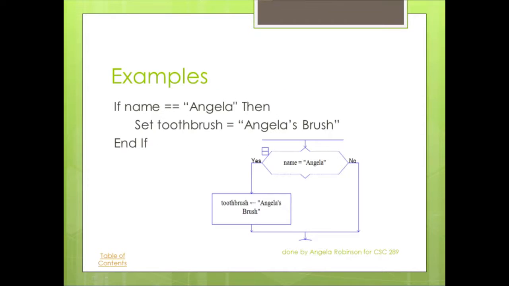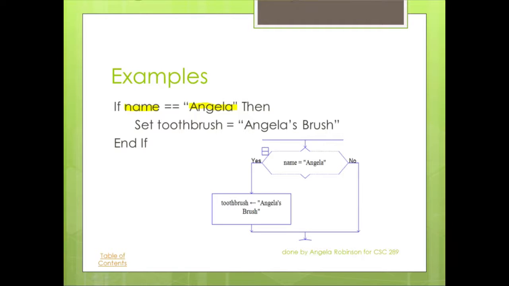Here I have an example in both pseudocode and a flowchart, where I am evaluating the name entered into the program by the user to find the correct toothbrush for that user. In this example, the word name is actually the name of the variable that I used in the program. And notice how I have the name Angela in double quotations?